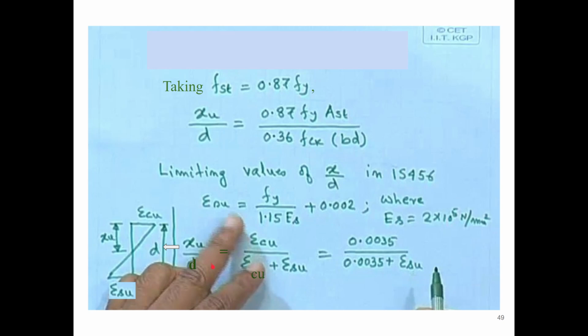From the diagram, by similar triangles, xu by d is nothing but epsilon cu by epsilon cu plus epsilon su, where epsilon cu is taken as constant 0.0035, divided by 0.0035 plus epsilon su, which has this value, right?